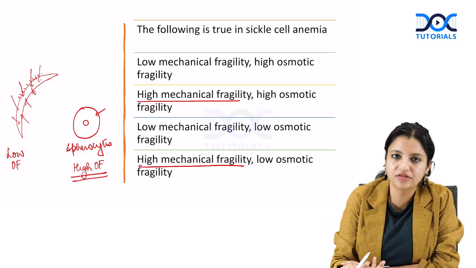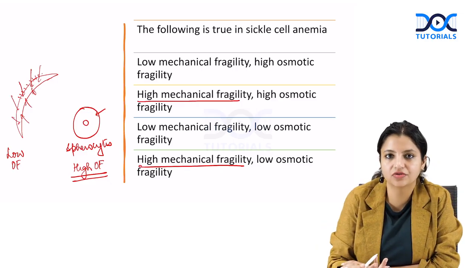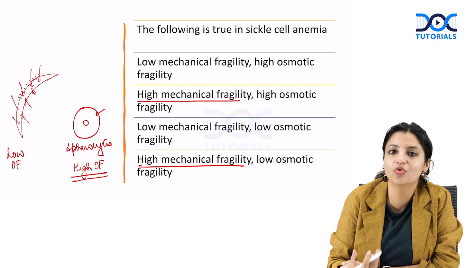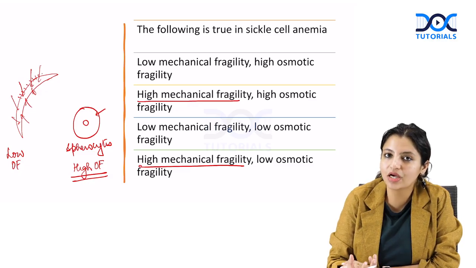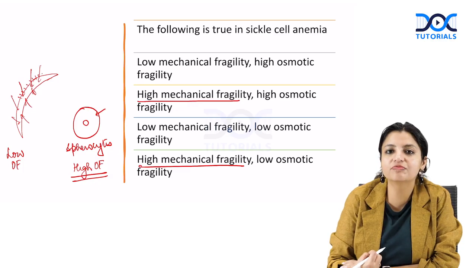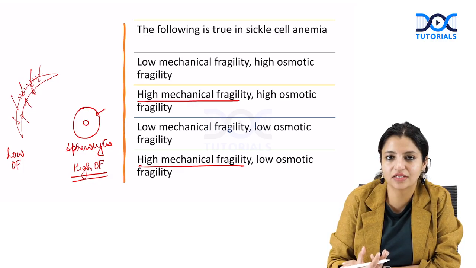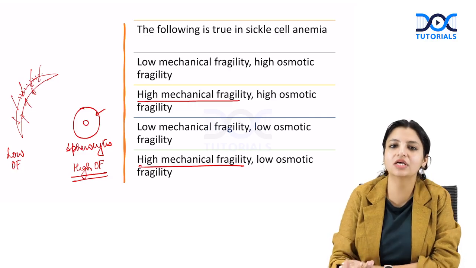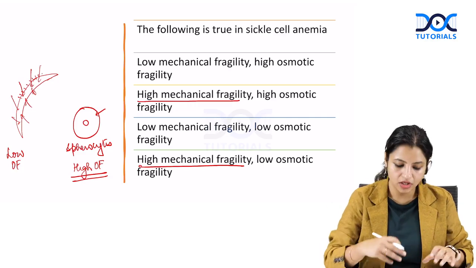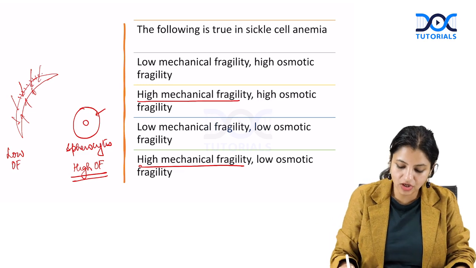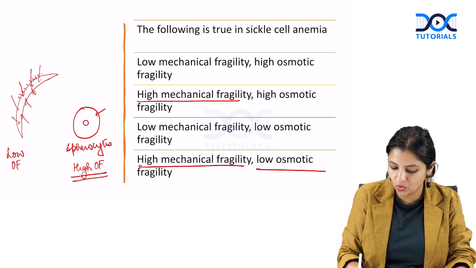Because of the pump dysfunction, they are dehydrated, so they can take more water. Just like microcytic hypochromic cells, which have a lot of space and can take in more water, sickle cells are also dehydrated cells. The membranes are not working well, so they keep on taking more and more water into that sickled area. So their osmotic fragility is low.